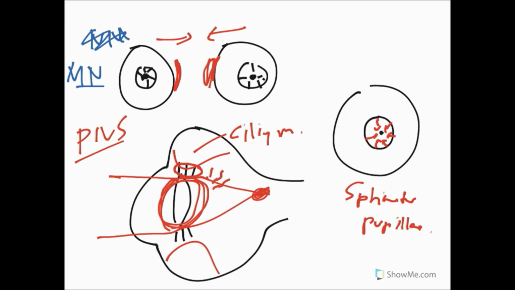The parasympathetic component of the oculomotor nerve will supply the ciliary muscle from the ciliary ganglion, and it's going to relax the suspensory ligaments and fatten out the lens, making it more convex, which will focus the image better on the fovea. The sphincter pupillae is also going to get activated, which will constrict the pupils.